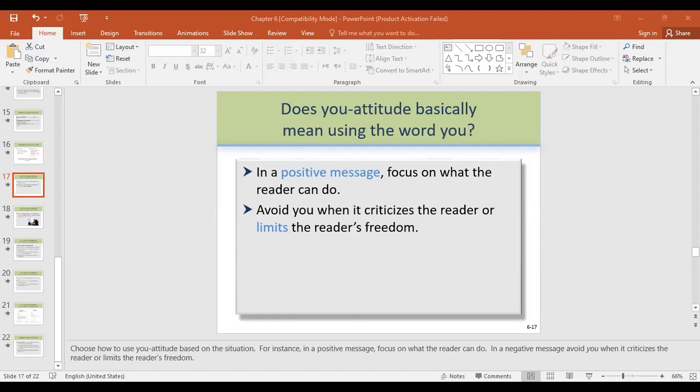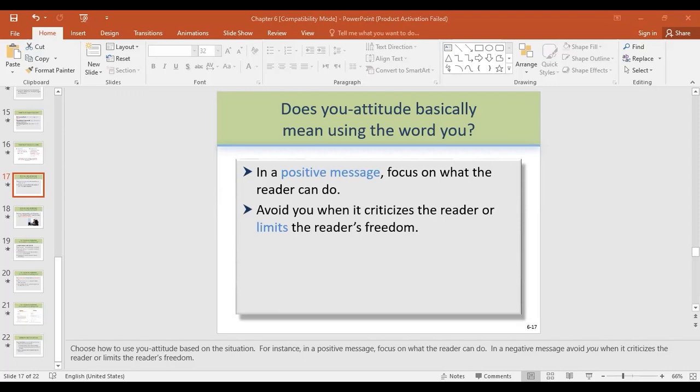So here, in a positive message, focus on what the reader can do.